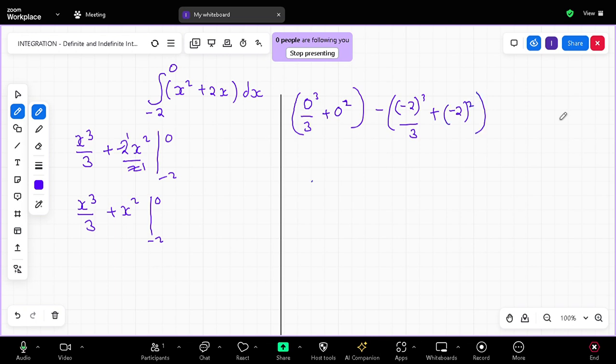So this gives you 0 minus, and when you open the bracket, it is minus 8 over 3 plus 4. So this is minus 8 over 3, negative 2 cubed, and this will get 4. So the answer is 0 minus 1 and a third, and the answer is negative 1 and a third.